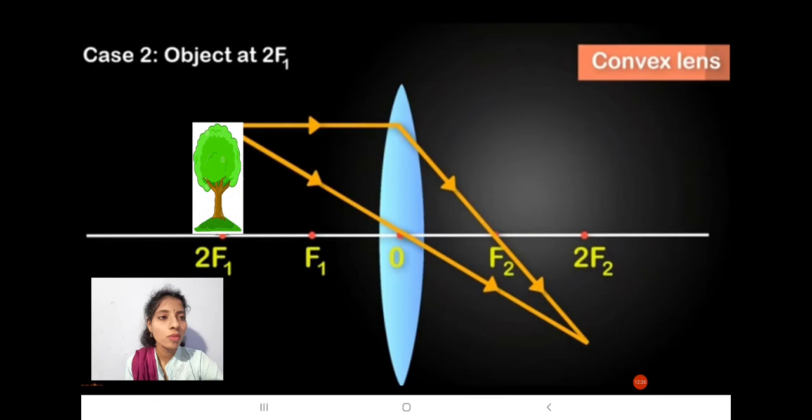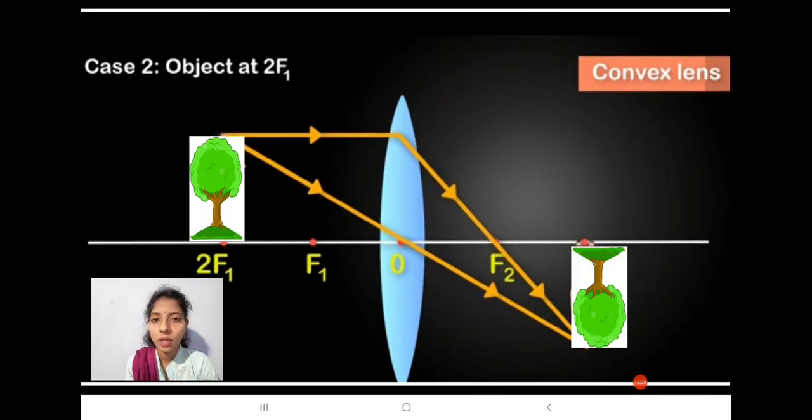At which point? Here. We are taking the object at 2f1 and we observe that we got the image at 2f2.